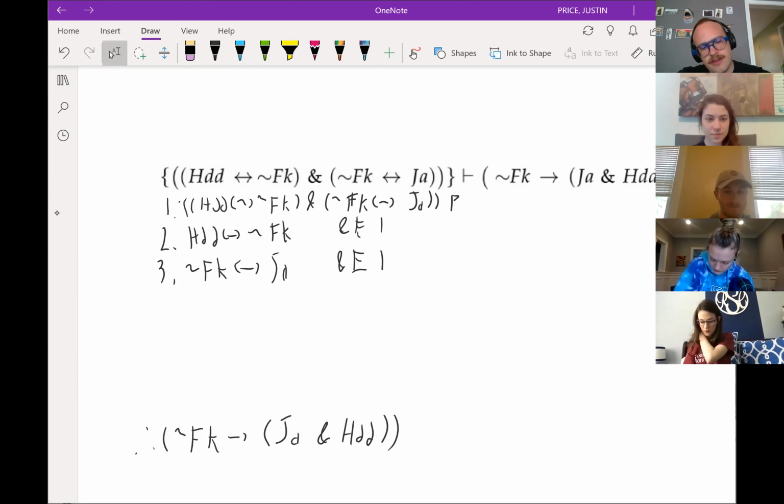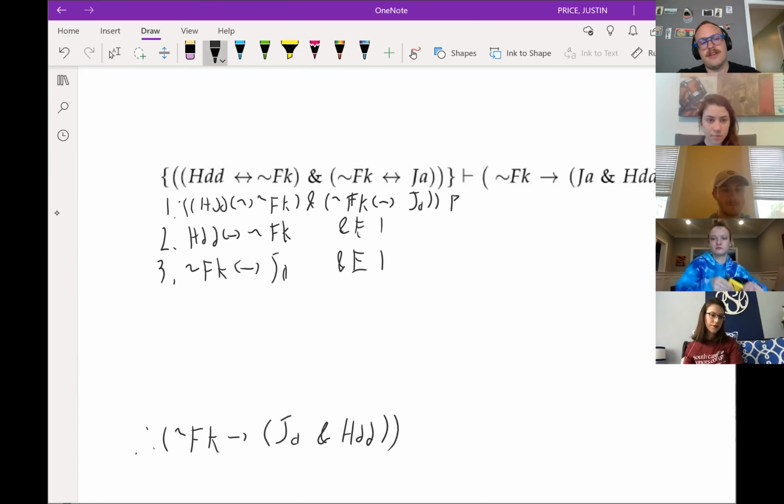So the conclusion at the bottom is asserting that if you have negation FK assumed, then you have this conjunction, JA conjunct HDD.